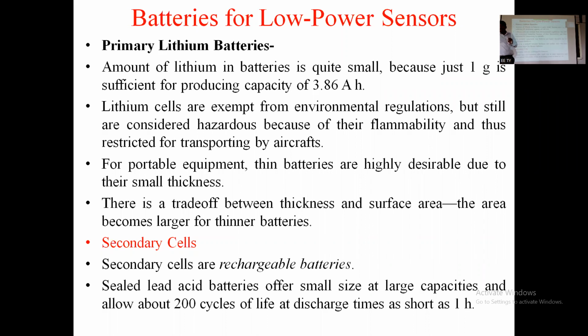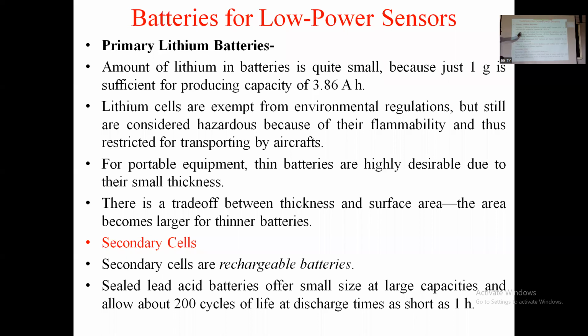Lithium in the battery is quite small, because just 1 gram is sufficient to produce a capacity of 3.86 ampere hour.